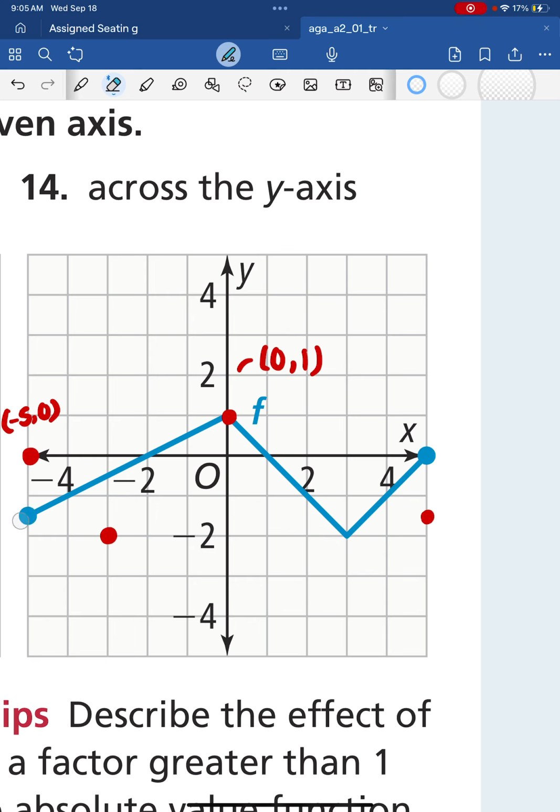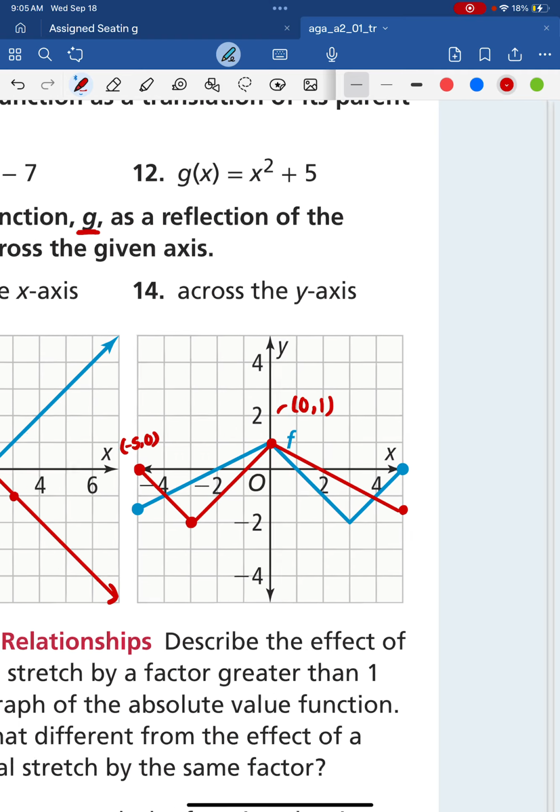Okay. And now I just go through and connect the points that I transformed. Okay. And that graph in red is the reflection of f across the y-axis.